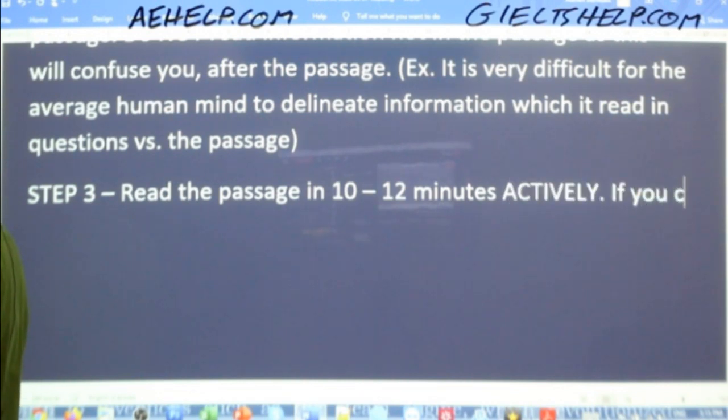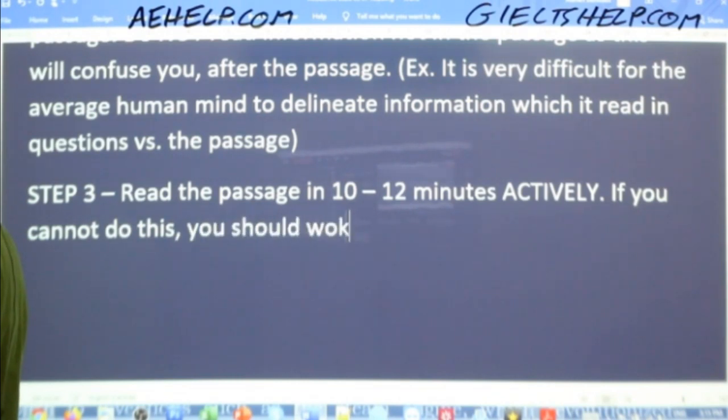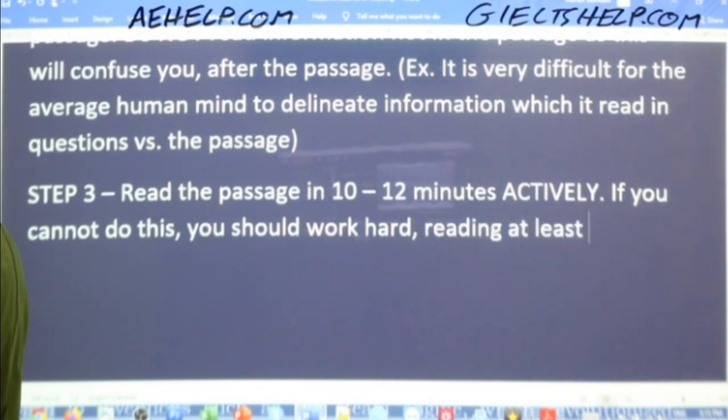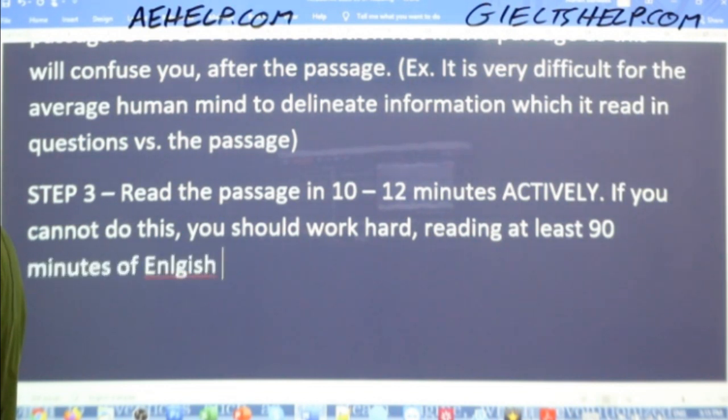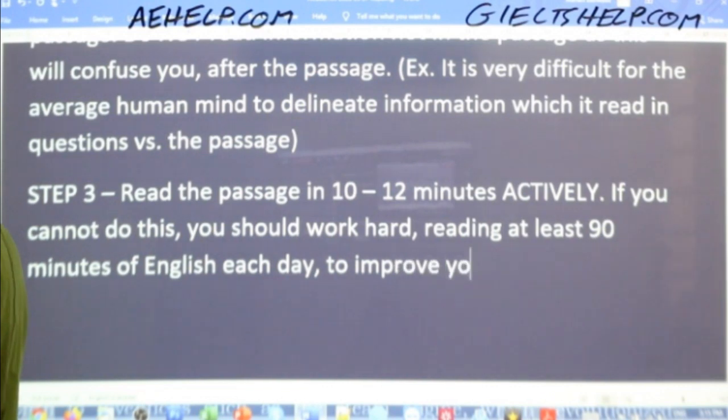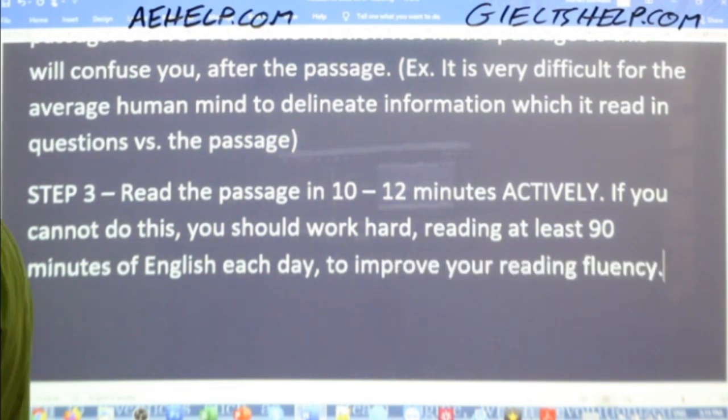If you cannot do this, you should work hard reading at least 90 minutes of English each day to improve your reading fluency. So make sure to do that.